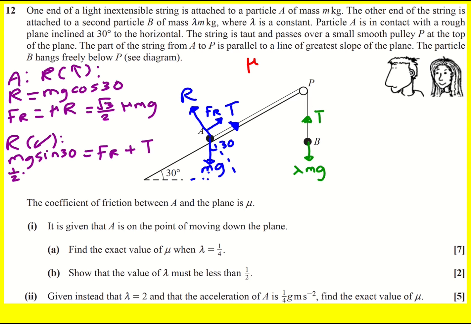So a half mg is going to equal root 3 over 2 mu mg plus T.